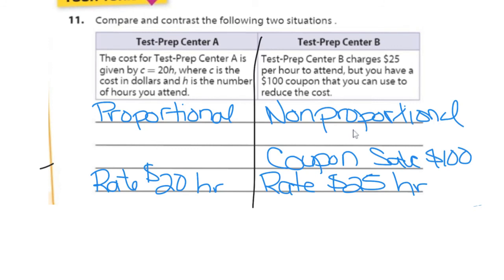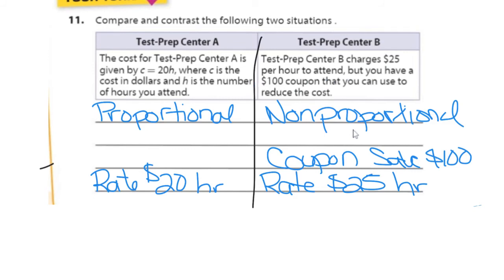Okay, since it's kind of difficult for me to write on these little lines, I just made a little chart, but I'd rather have you write real sentences. So I said that this was proportional. You can see there's nothing being added on to the end. This one's not proportional because it's going to charge you 25, but you get a $100 coupon. So it's going to be C equals 25H minus $100.